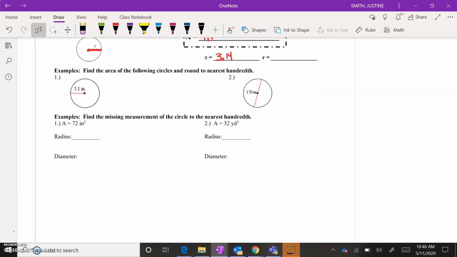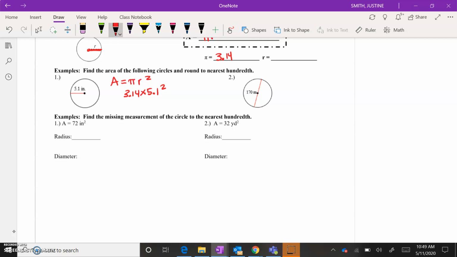So for this first example, again, I'm going to write out my formula and then I'm going to plug in what I know. So 3.14 times 5.1 to the second power. There should be a squared button on your calculator that says x squared, so you can use that.